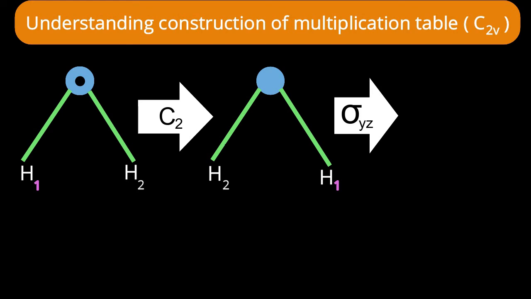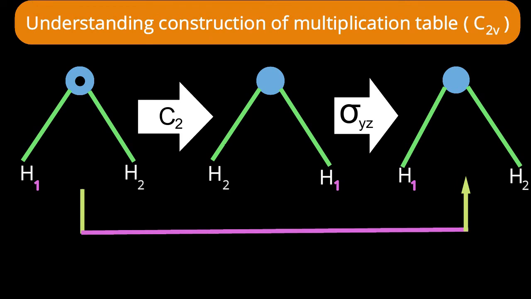Second hydrogen, which is on the left side, will go to the right side. What will happen to the nose? The nose which is away from us in that second structure, will it come towards us after reflection through the sigma yz plane? No. So the nose will remain away from us and hydrogen 1 will come to the left side. Let us represent the result after sigma yz operation. Yes, hydrogens have changed position and the nose is still away from us.